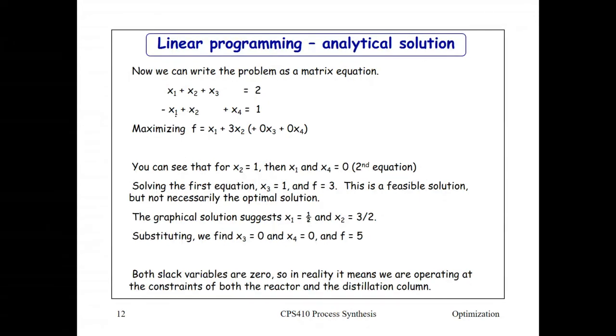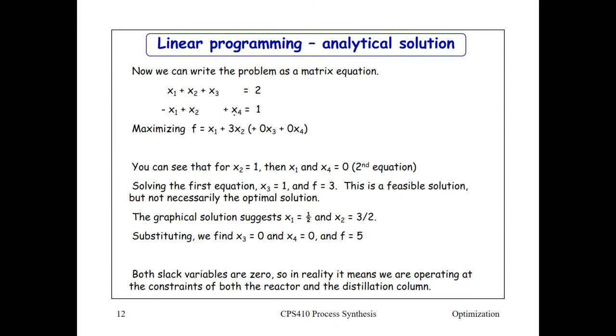So if x2 equals 1, then x1 and x4 equal 0. That's the only way you're going to make it work, because remember, x1 and x4 have to be positive values or 0.